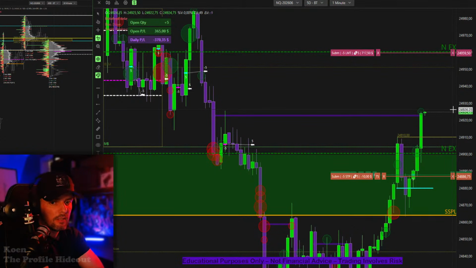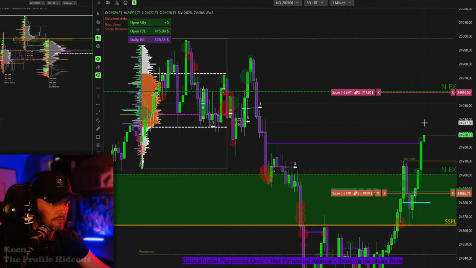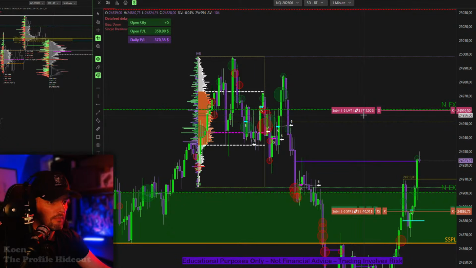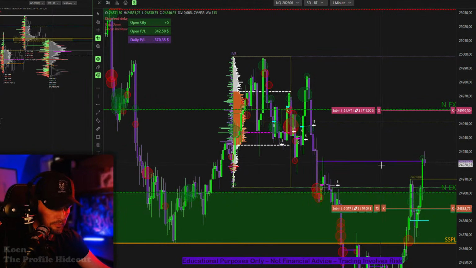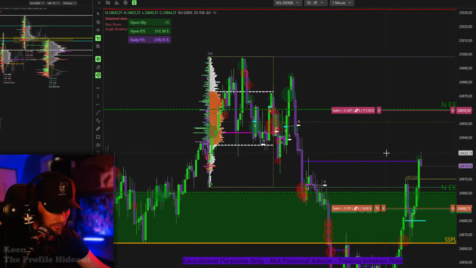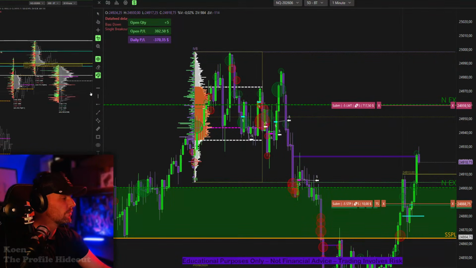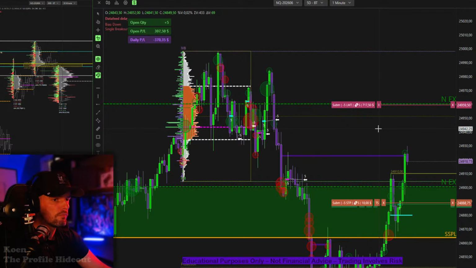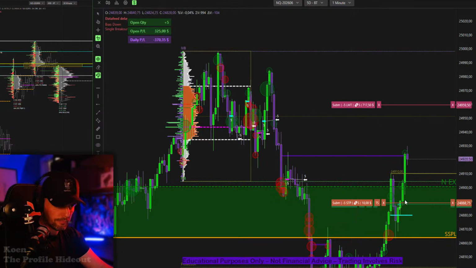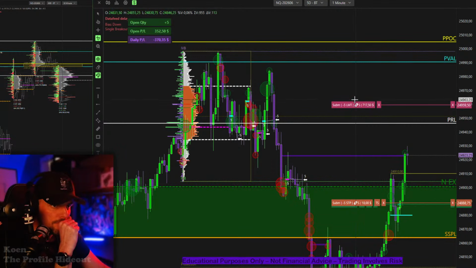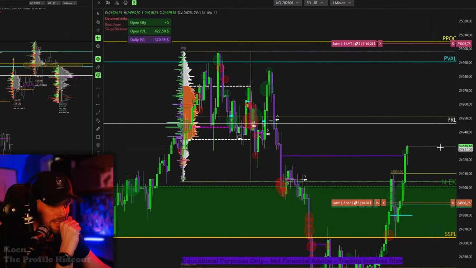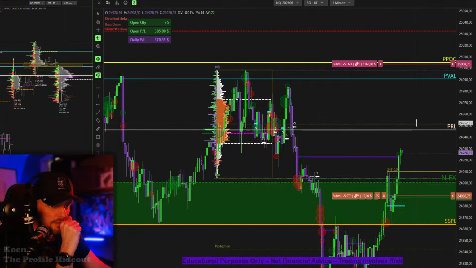Okay, part one. Now we go to the moon. Kind of want to see it regain prior range low, that would also be IB mid for me.